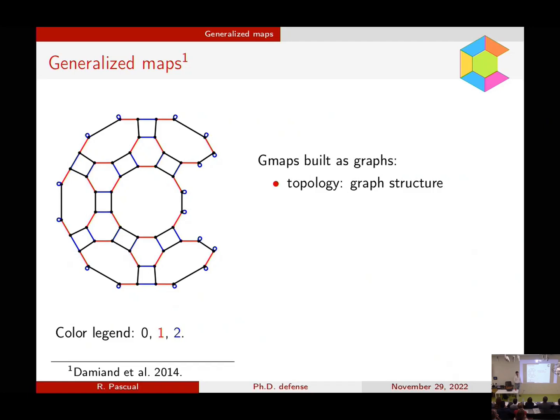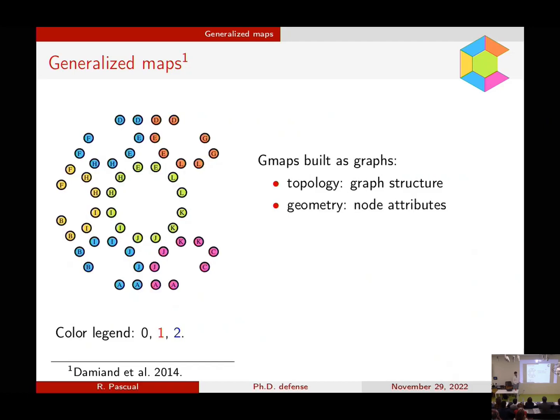And this describes entirely the topology of the object. And then we want to add geometric information. So we will add information on the nodes of the Gmap, which are called darts. So on each dart, for our talk, we will add colors, and a position represented by letters. So now we have topology and a geometry.